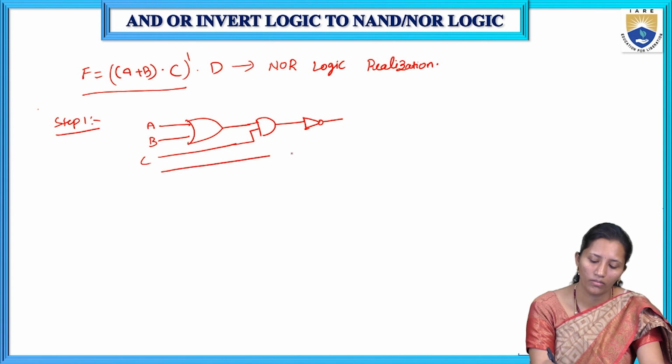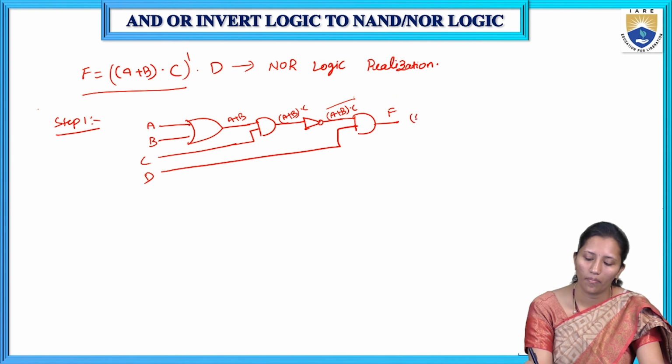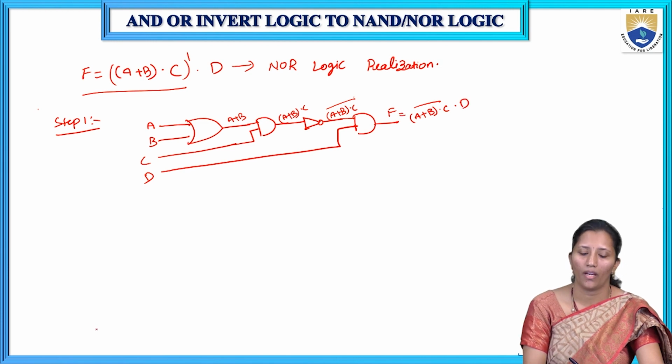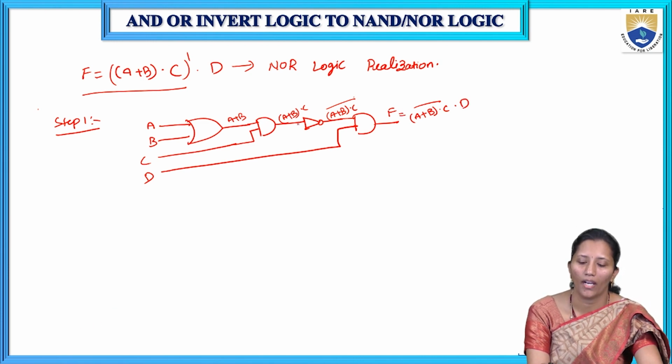Then into D. So in total we get A plus B, then (A plus B) into C, then (A plus B) into C whole complement, then (A plus B) into C complement into D. So this is the equation. We are representing it in terms of AND or invert gates only.